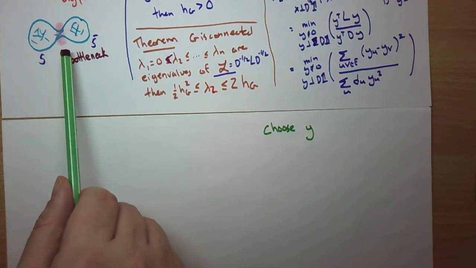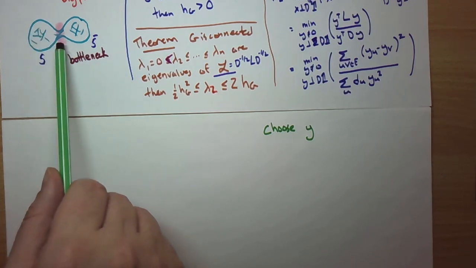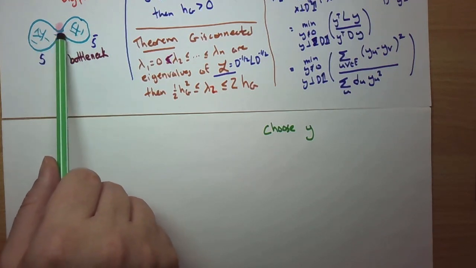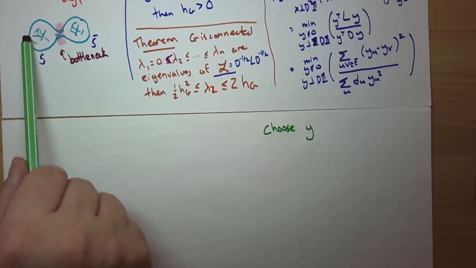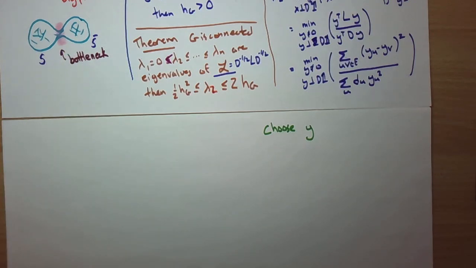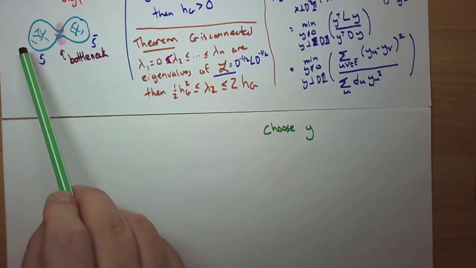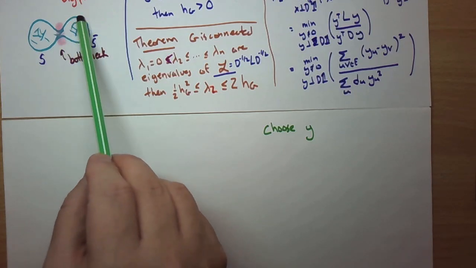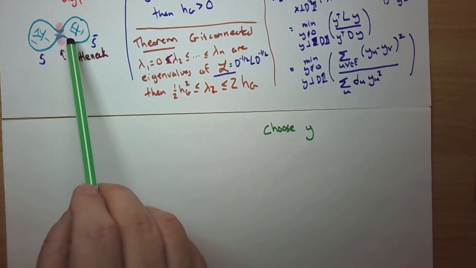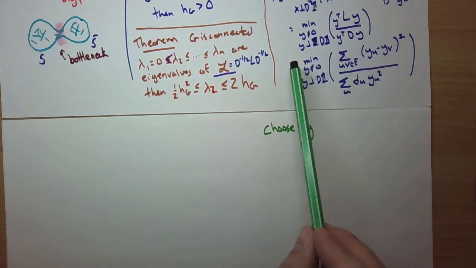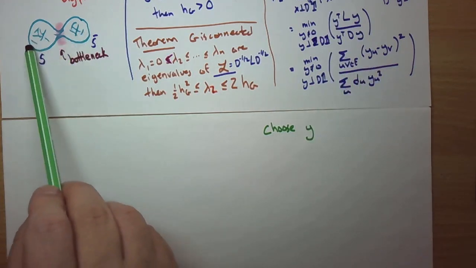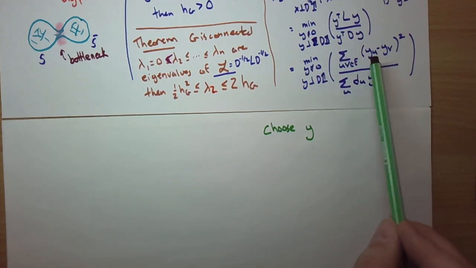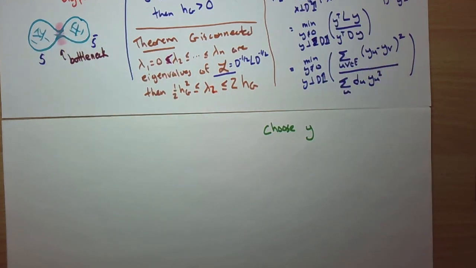We're after the bottleneck. So we want the only things that matter to be the edges that cross, and where I'm not crossing, I want to ignore. So I should pick something on this side which is constant, and something on that side which is constant. Because then if I'm on either side, I get 0, whereas if I cross, I get the difference of what I chose.